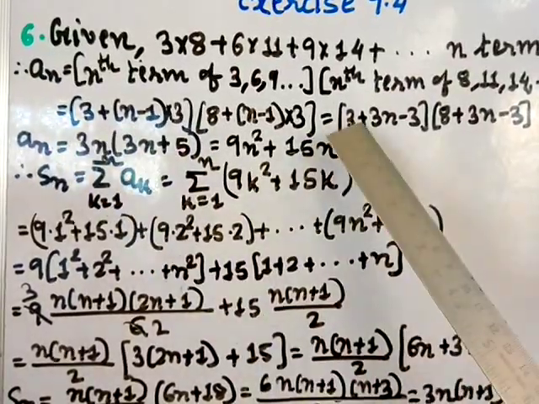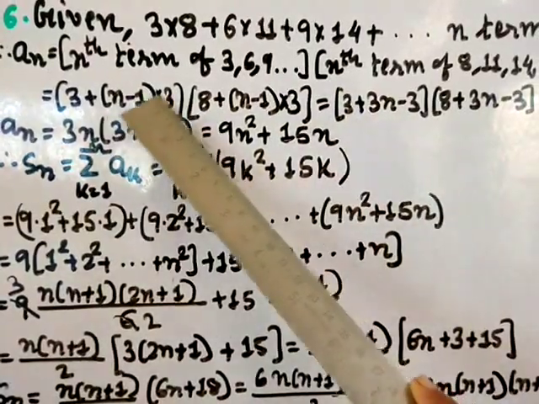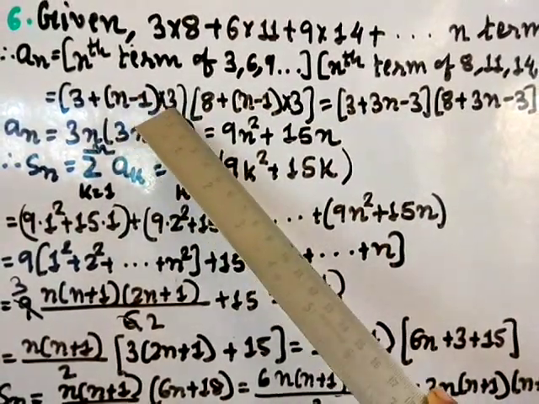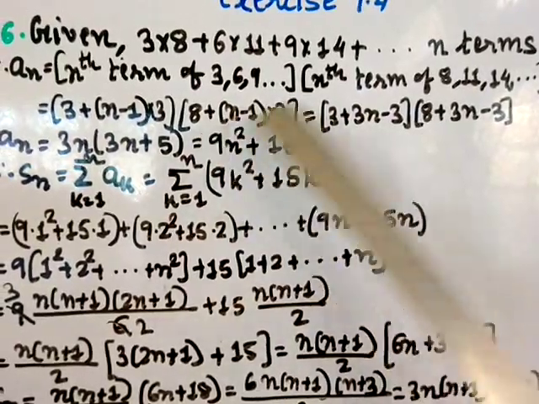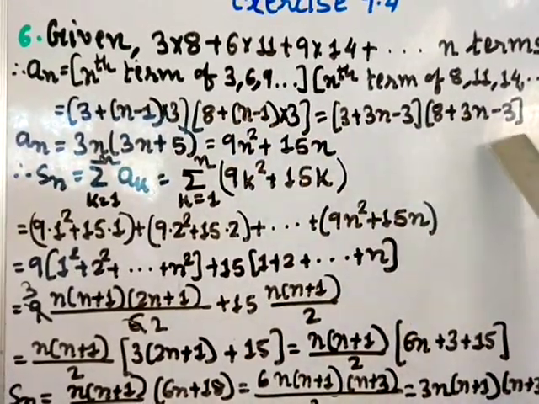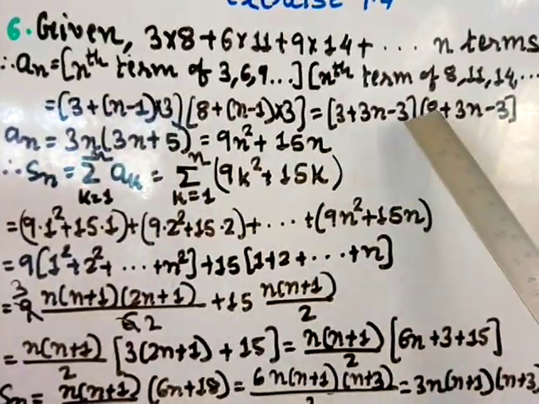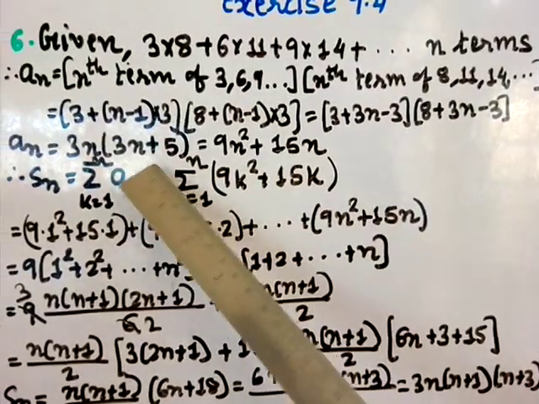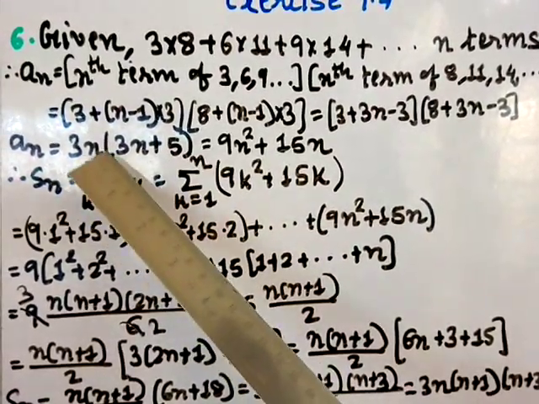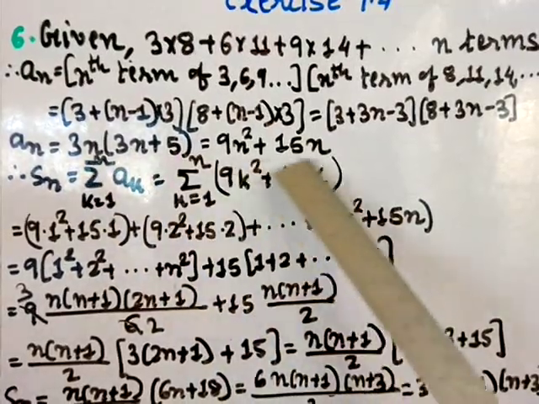Multiplying inside, here 3n minus 3, and here 8 plus 3n minus 3. So you get here 3n, and here 3n plus 5, since 8 minus 3 is 5. Multiply this inside: 3n into 3n is 9n square, 3n into 5 is plus 15n.